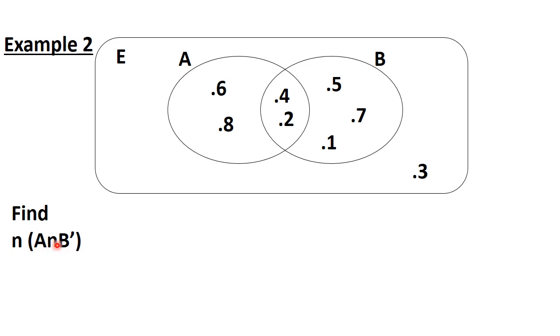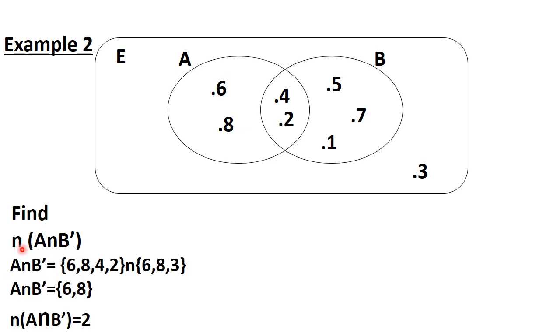So they want A intersect B complement, members that are in A and those which are not in B. But they want their number, not the names of the members of the set A intersect B complement. But for you to do that, you have to identify A intersect B complement as a set. Then from there, you count how many members are in A intersect B complement. Then you write it as a number, like so.